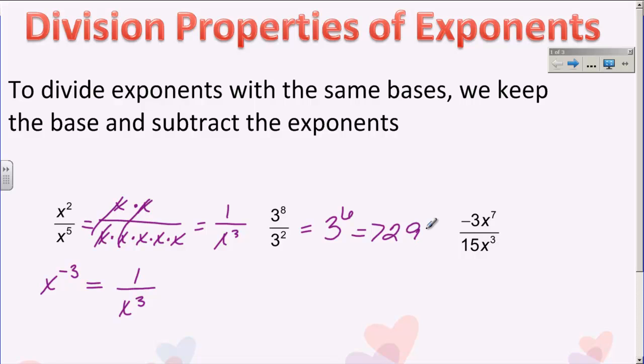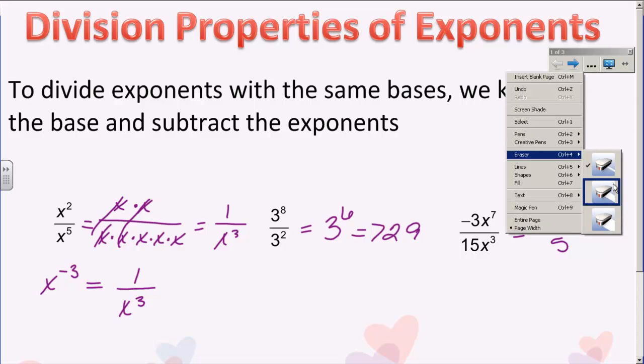Now the next problem has coefficients in front of the bases. So I have negative 3 and 15 as coefficients. So the first thing I'm going to do is take this negative 3 over 15 and reduce that, because it's a fraction I can simplify. I can divide them both by 3 and end up with negative 1 over 5. I don't know why I made my line so long.